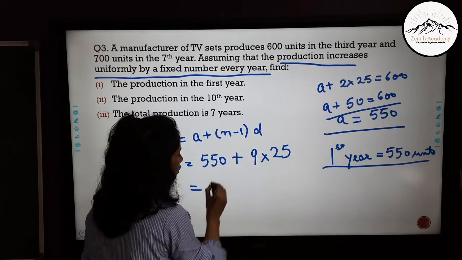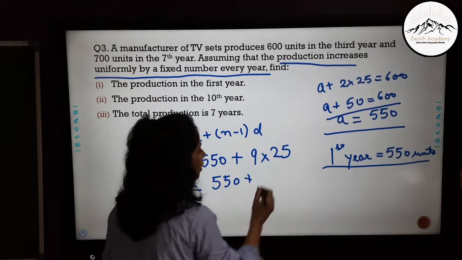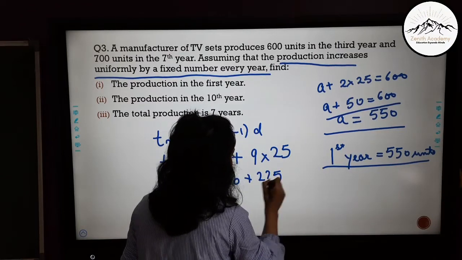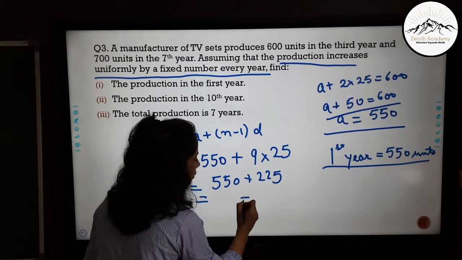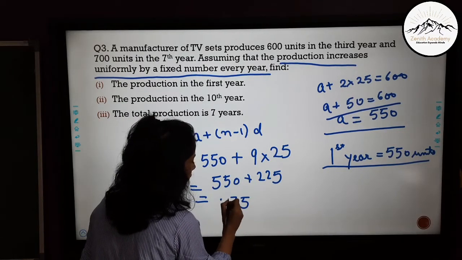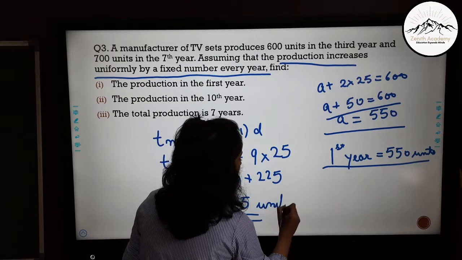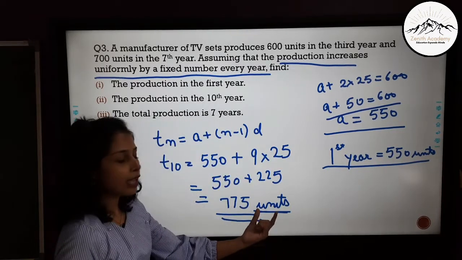So our answer will be 550 plus 25 nines, which gives us 225. Adding these two, we get 775 units.